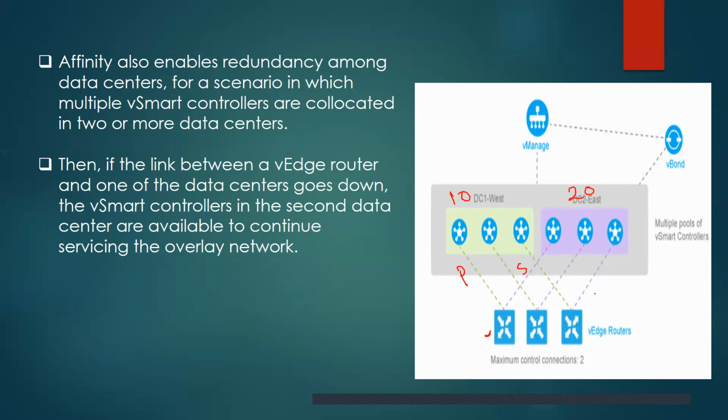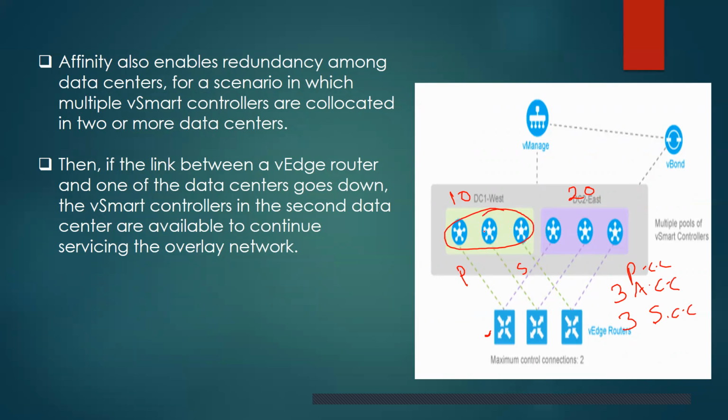So in this case, for this diagram, you'll find that you have three primary control connections and three secondary control connections. So that means that you are reducing the number of control connections.